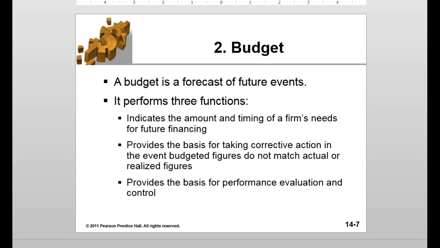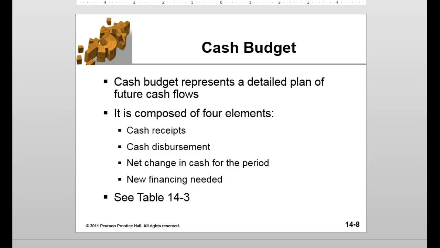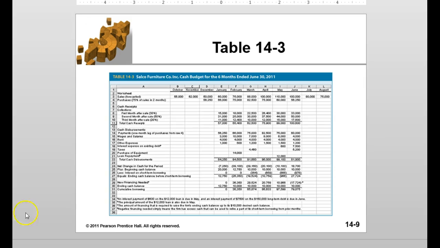So you're watching along and all of a sudden things change, so you can go back and see what's going on on the floor. Or you can use it for performance evaluation and control. So the cash budget involves cash receipts, cash disbursements, net change in cash for the period, and then new financing if needed. And we're going to do one of these as an activity here.